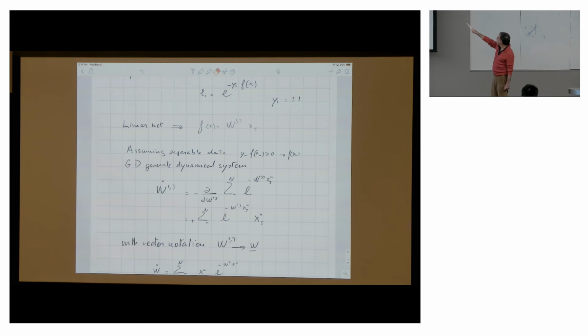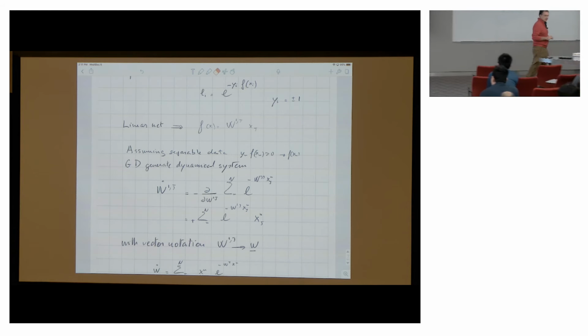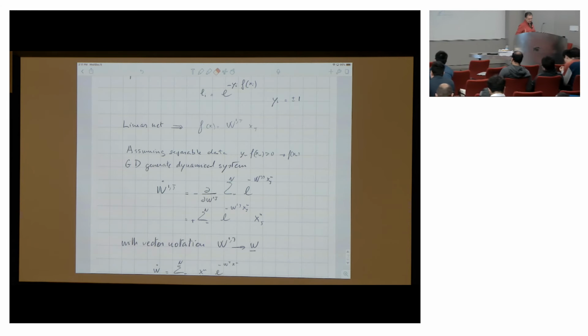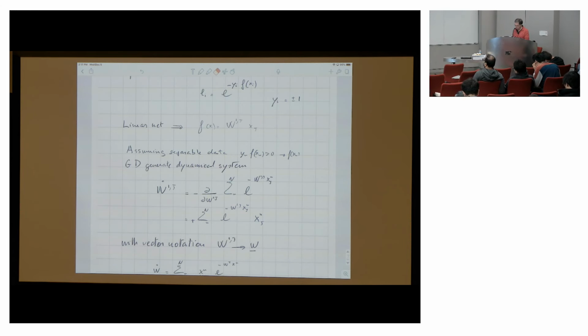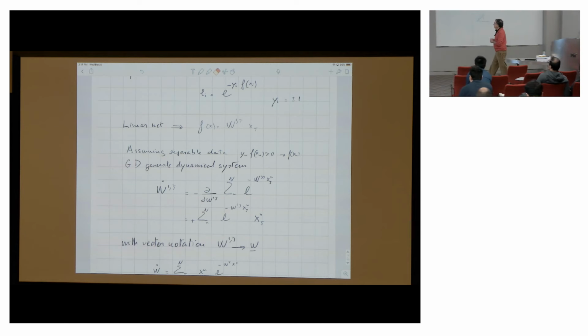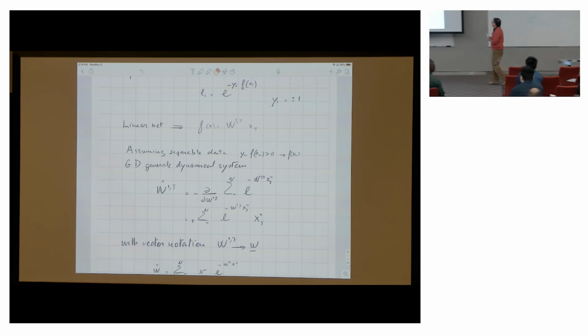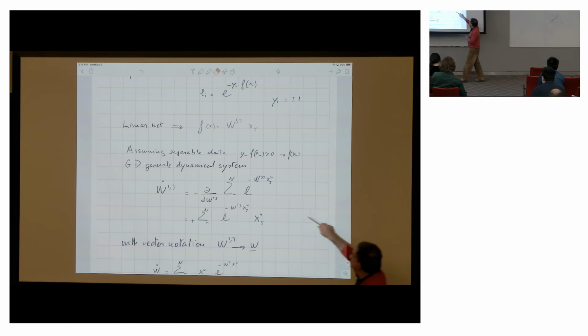So f of xi is negative when your label is -1, and positive when your label is +1. So under this assumption I get rid of the y term, and I'm looking at the dynamical system induced by the gradient.